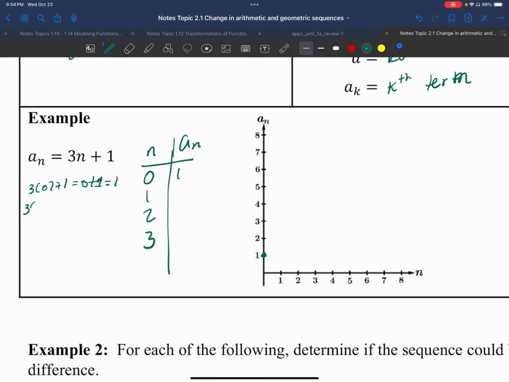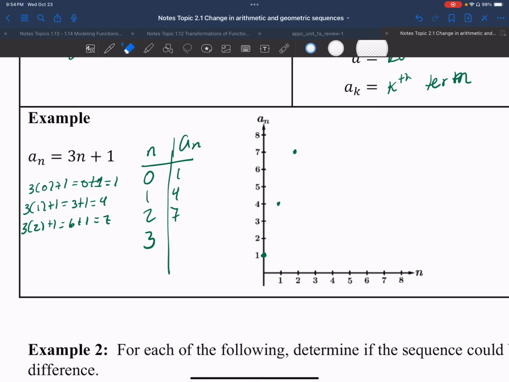When I plug in 1, it's 3 times 1 plus 1, which is 3 plus 1, which is 4. Same thing for the next one. I'm going to input 2. 3 times 2 plus 1, which is 6 plus 1, which is 7. So I'm going to go ahead and do 1, 4, and then I'm going to do 2, 7 on my graph.